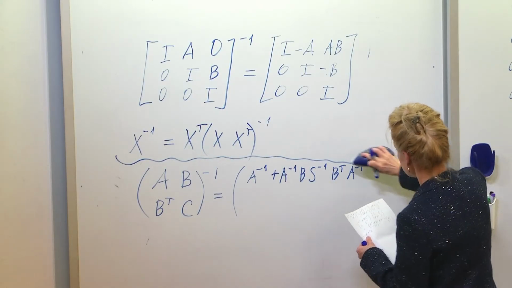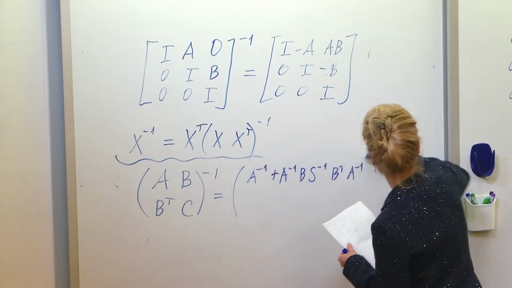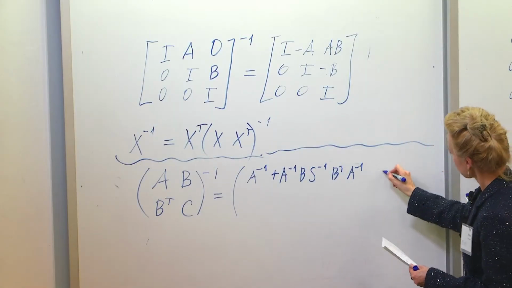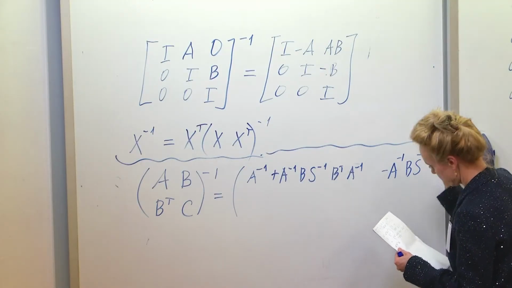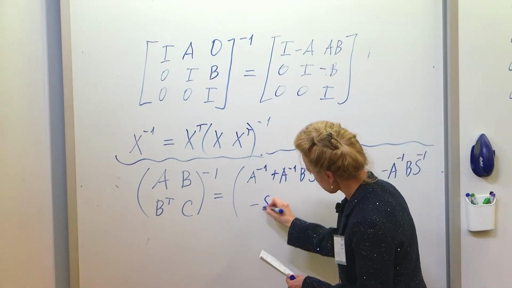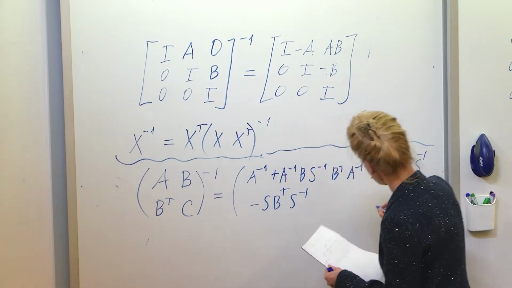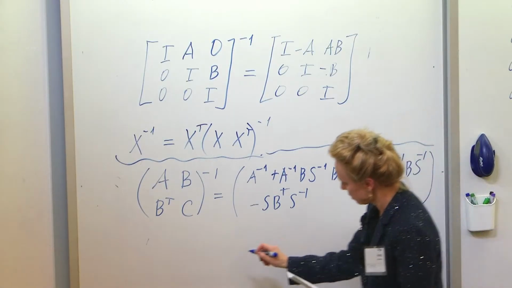There is space here. Sorry about this. Of course, there is a Wikipedia page for everything. Minus A inverse B S inverse, minus S B transpose S inverse. And here you have this S inverse. And S is the Schur complement that will occur here.